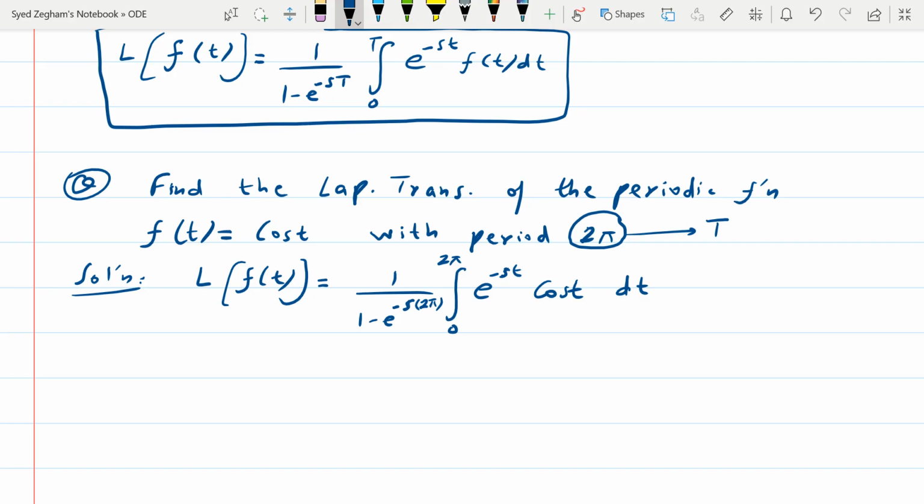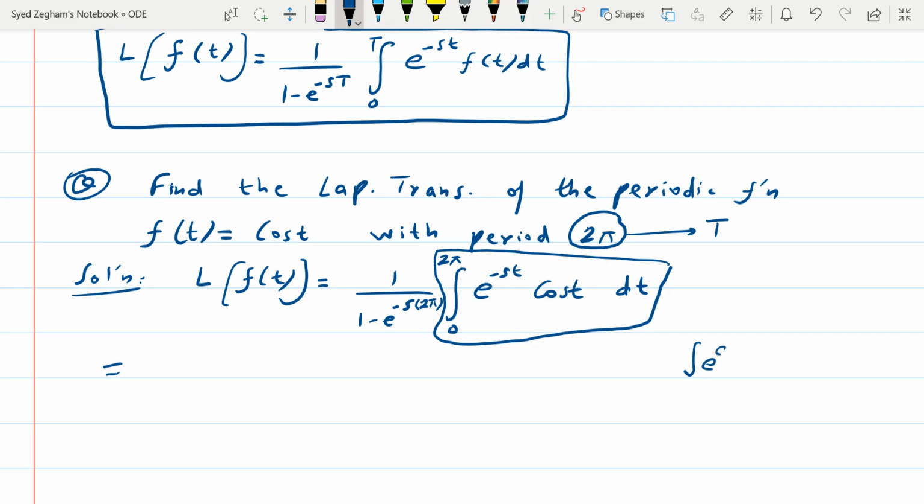Now, integration by parts will be used to find this integral, right? Otherwise, you can use the very famous formula which you already have. Let me write the formula somewhere in the corner.